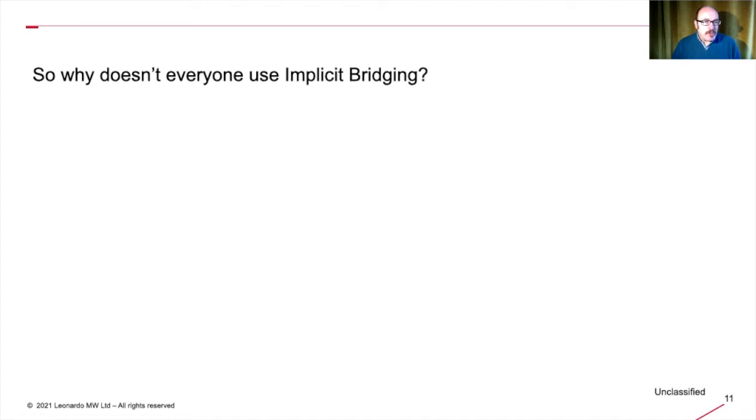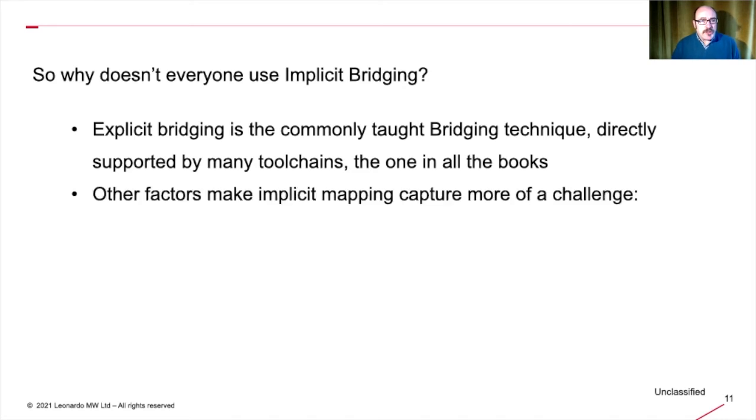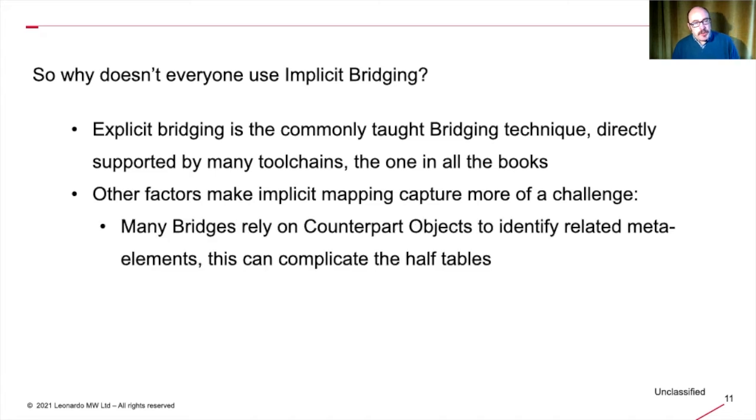One reason that implicit bridging hasn't taken over the world is because the commonly taught technique is explicit bridging with calls. That's the one that all the tools support. It's the one that's in all the books. But there are other factors that make implicit mapping more of a challenge. There's the fact that a lot of bridges rely on a relationship between the mappings and the counterpart objects, so that you can disambiguate which objects are the target of a particular mapping.